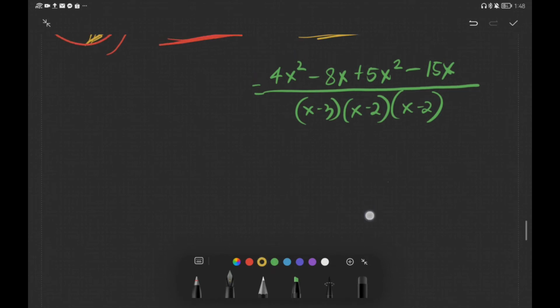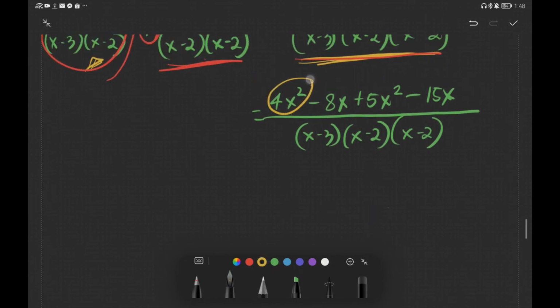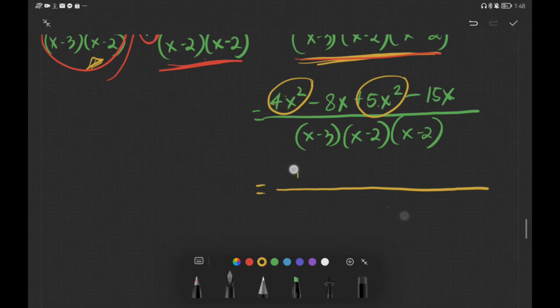Now, we combine like terms. 4x squared and 5x squared are the same. They are similar because they have the same variable and exponent. So, we add the numbers and copy the variable and the exponent. 4 plus 5, that is 9. We copy the variable and the exponent 2.